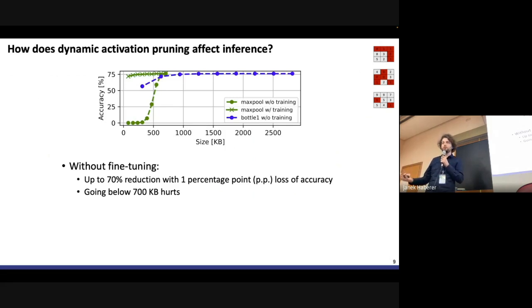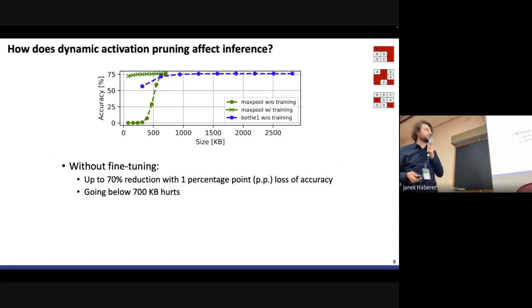During the training process, we just employ the dynamic pruning, nothing else, just like dropout, you could say. And what we see now is that the network is able to cope with it. The drop-off doesn't really exist anymore in the same sense. It's a way more graceful decay.